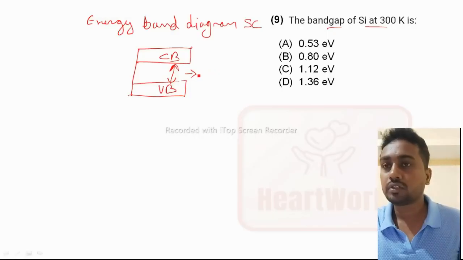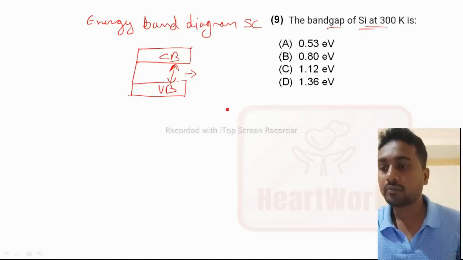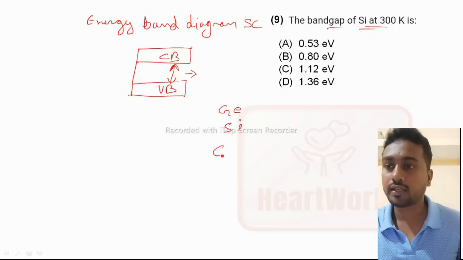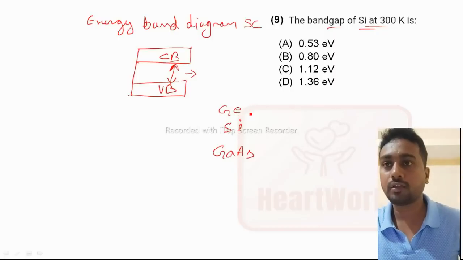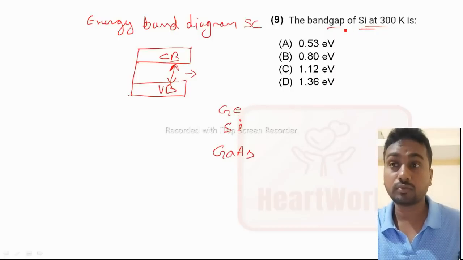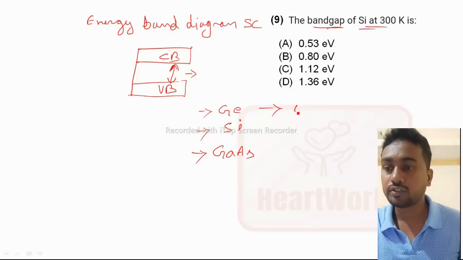Sometimes they will ask questions like this, mostly about the energy band gap of germanium, silicon and gallium arsenide. For germanium, the band gap is 0.66 electron volt.